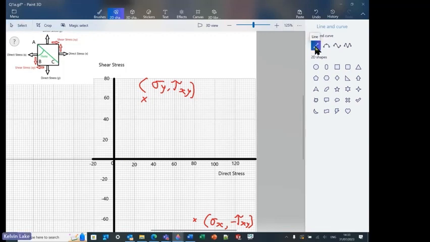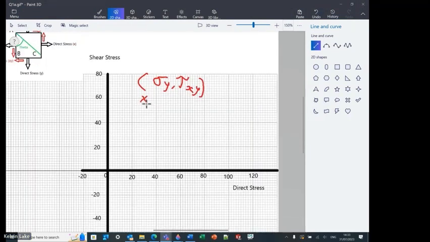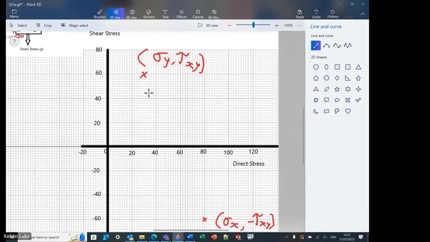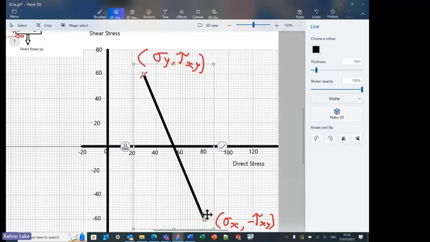Let's do that a bit more accurately. Draw a line between. So the answers we get are obviously going to be as accurate as we are here. So let's try and do this nice and accurately. We're going to draw a line between there and there.